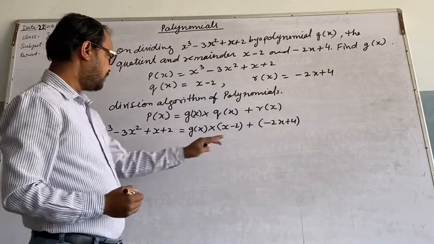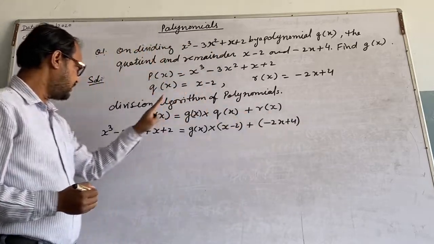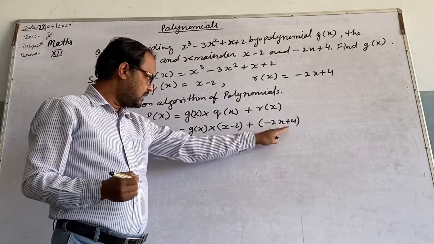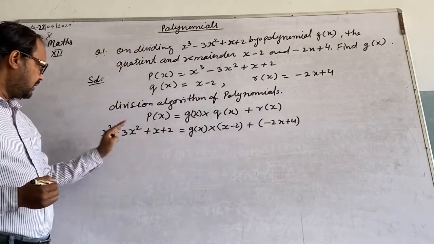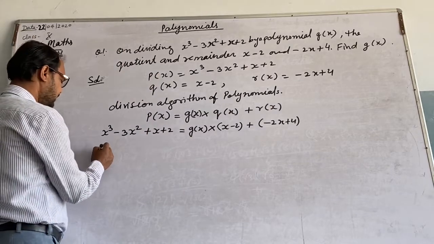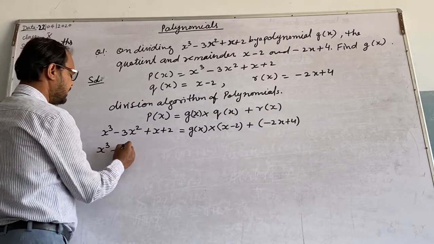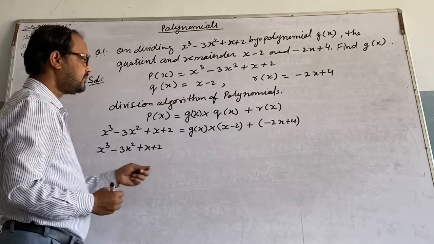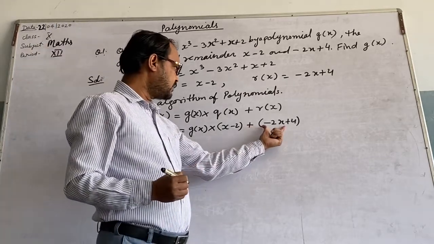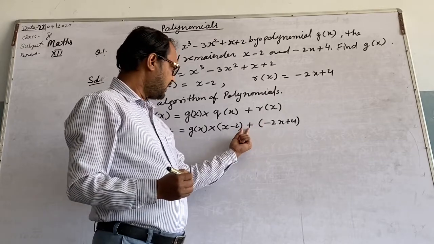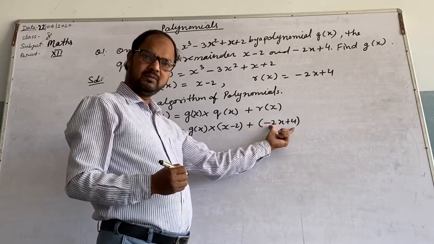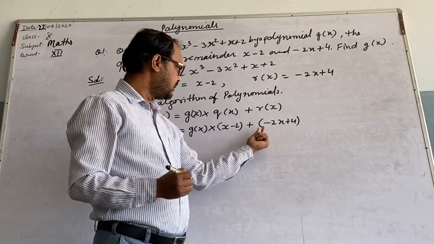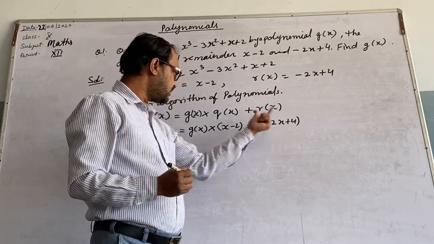To solve it, first of all we will transfer the remainder to the left hand side. So you can write here x cube minus 3x square plus x plus 2. Here it is minus 2x. Here there is a plus in front, so there will be no change in the bracket. So we only transfer minus 2x here.